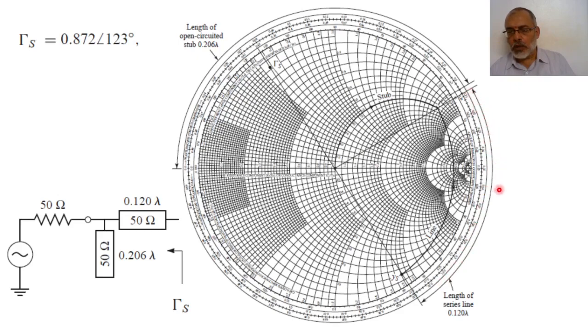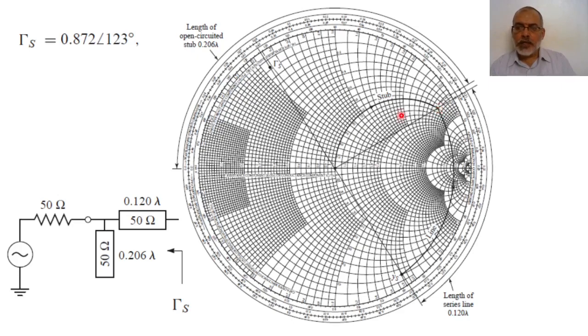So I'm going to subtract this distance minus this distance to obtain the total distance which I must move until the input admittance is 1 plus jB. Okay.